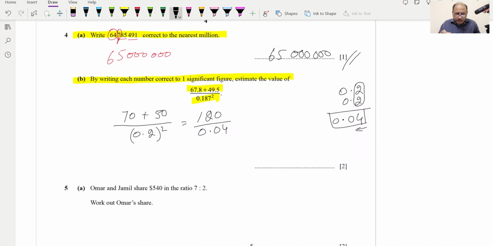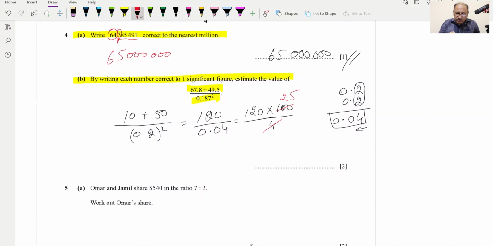To simplify this, we will be removing this decimal, and we can write 120 over this will be 100, and to remove the decimal, and denominator will be 4. Now we can cancel this 4, and this will be 25.